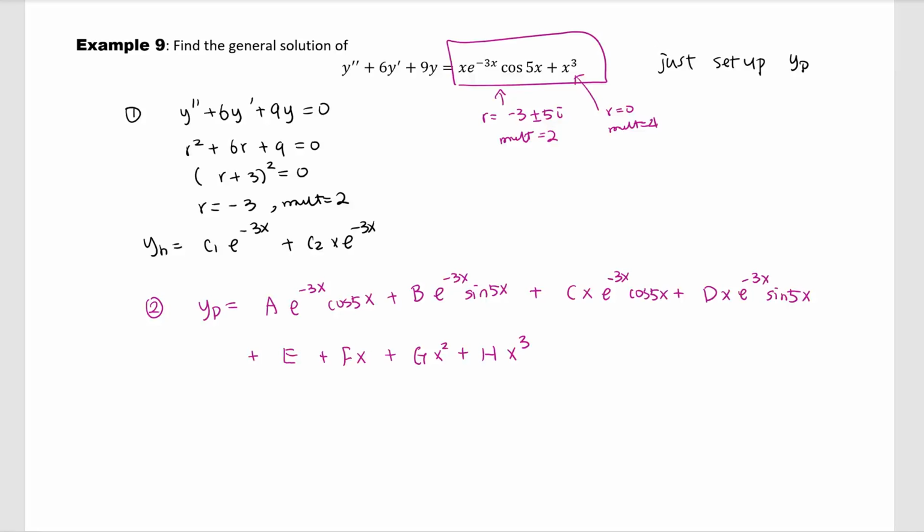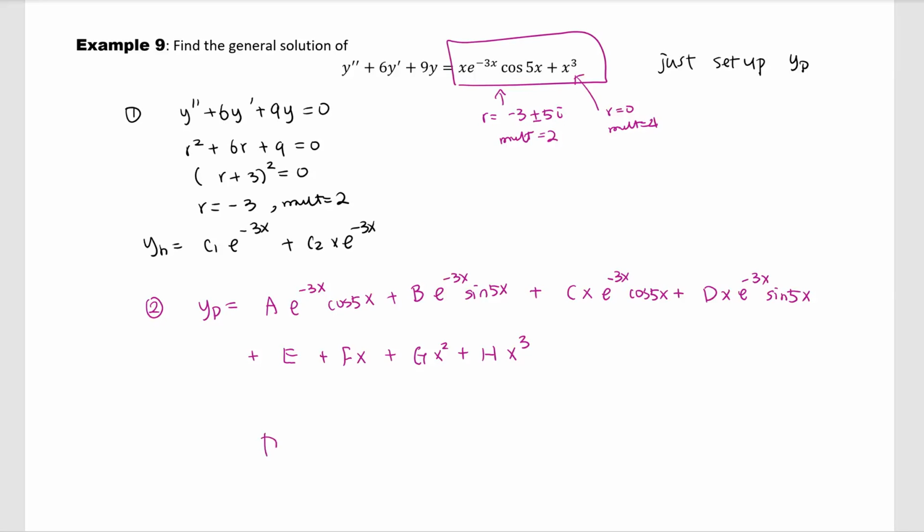And then you also want to check, do those roots appear in the characteristic equation? In this case, no. Then this is our good setup. So this is our answer. We don't need to multiply by a power of x. So far, so good, everybody?